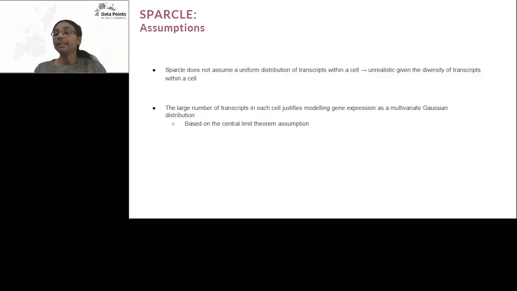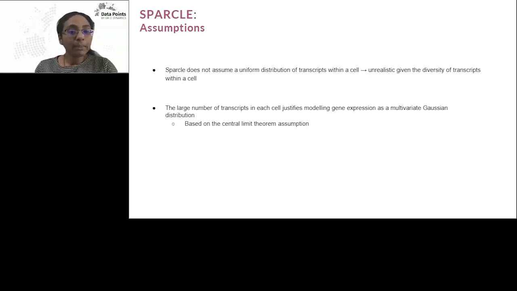As you can see, this is a huge computationally expensive problem. We do not assume any uniform distribution of mRNA transcripts within the cell, and they're very far and spread out. And there's a large number of transcripts in the cell that allows you to use a multivariate Gaussian distribution for clustering.